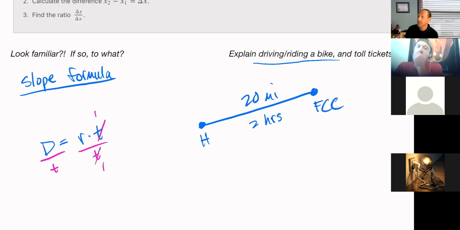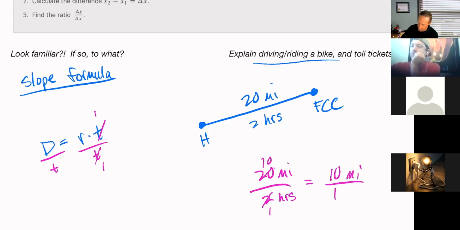What would you guys say I went? 20 miles in 2 hours, 10 miles an hour. Very good. And you know that we can go ahead and simplify fractions. So 2 goes into 10, and I get 10 miles per every 1 hour, or what we like to say is 10 mph.